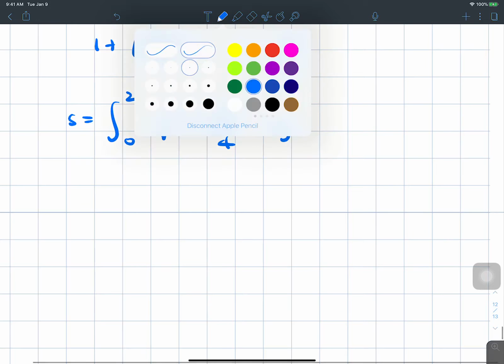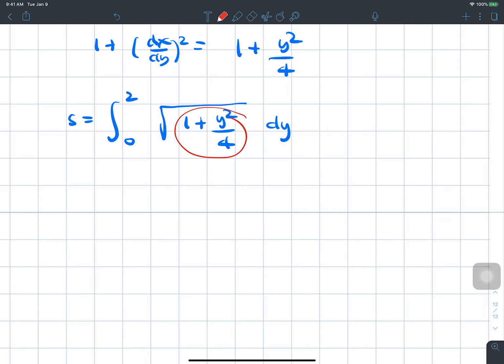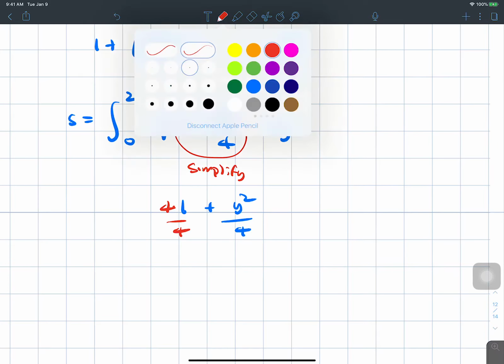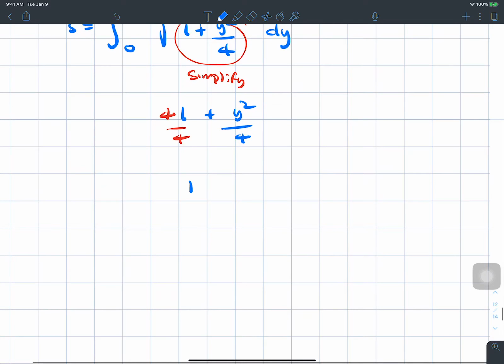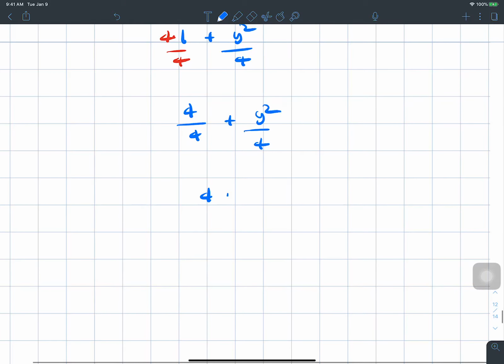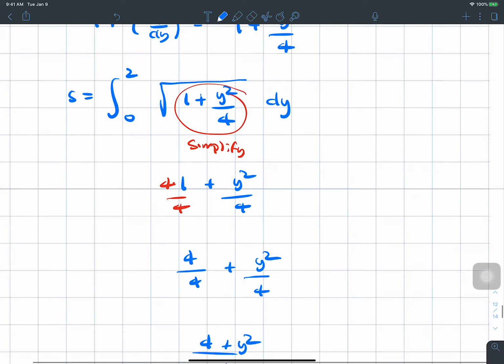Now, of course, at this point, you might say, don't we have to do some simplification here? Yeah, we have to add. So 1, and I'll put that in blue, plus y squared over 4. Remember, we're going to have to add with the same denominator. So you get 4 over 4 plus y squared over 4, 4 plus y squared over 4, and this is all under my radical here.